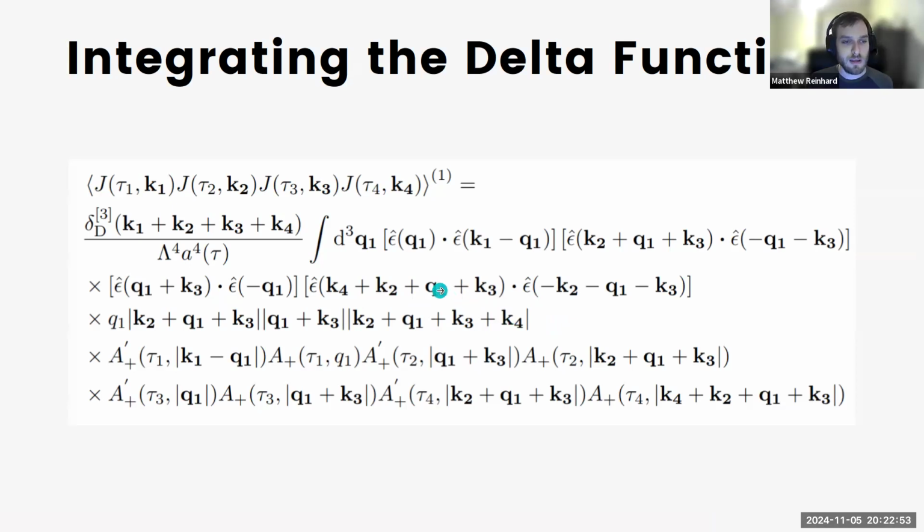I mean, if we think about doing this numerically, there are four external momenta, k1 to k4, but we could argue that one of those is fixed by the other three due to this delta function. So really there's three of them, each with three components. That's a grid of 9 parameters we have to integrate over, plus each of these four tau conformal time.